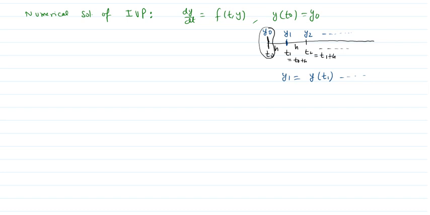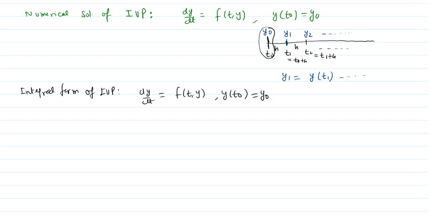So firstly, to write the solution I am writing the integral form of initial value problems. So I integrate dy/dt equal to f(t, y), and I am starting from t0, where I know the solution, that is y0, and I am going to t1, which is t0 plus h, and the solution at this point is denoted by y1.